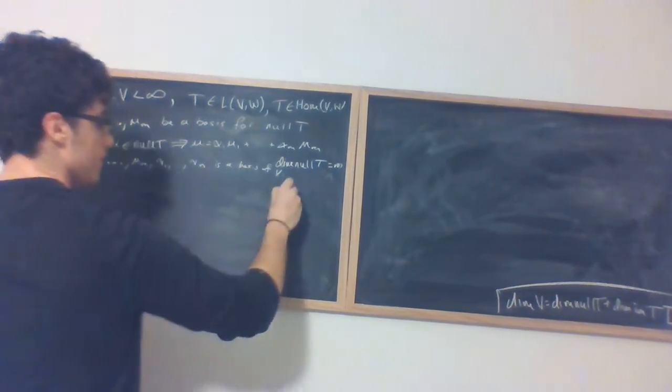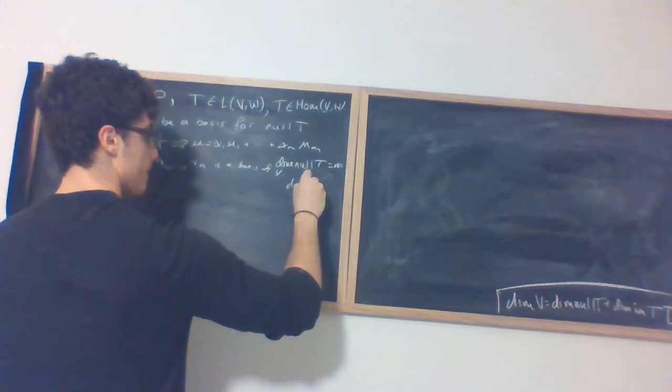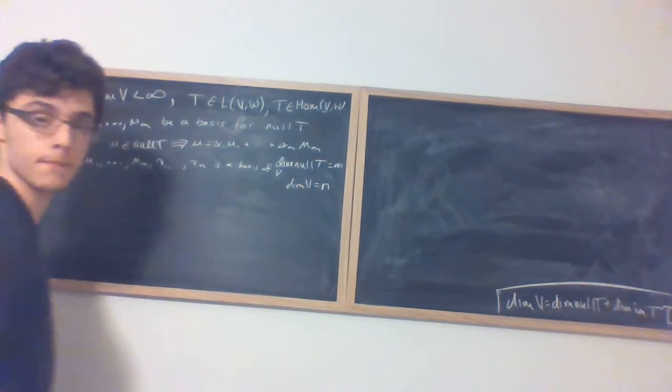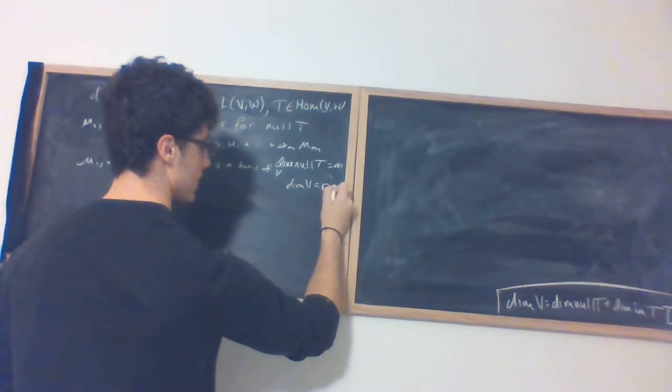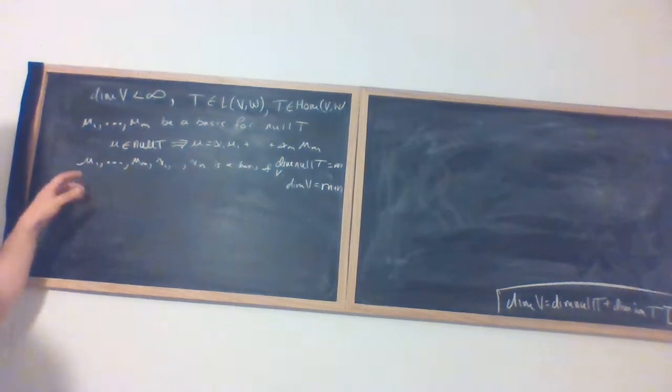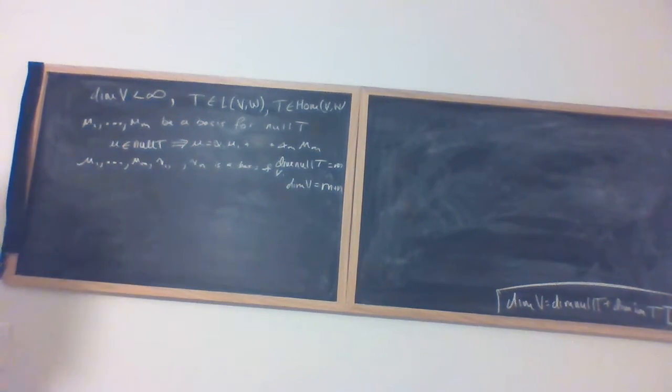So then the dimension of V is going to be equal to n, because it's just the length of the basis. It's going to be actually m plus n. Sorry about that. So you're going from 1 to m and then from 1 to n. So m plus n.